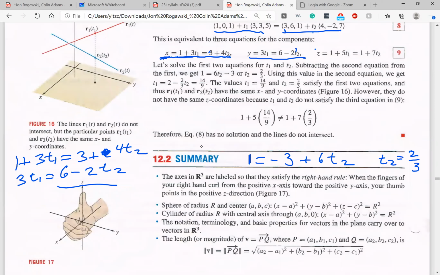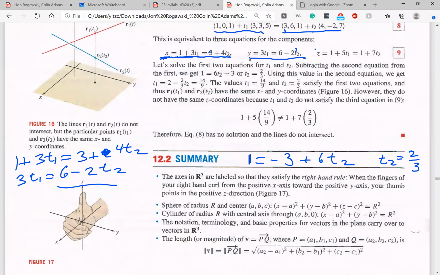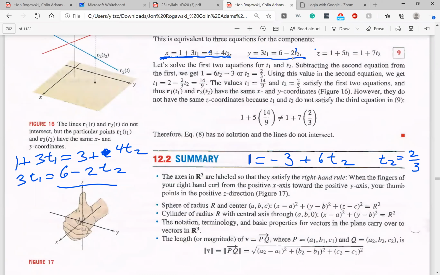Yo, how'd you get from the 1 plus 3t1 equals 3 plus 4t2 to the next line right below it? The 3t1 equals 6 minus 2t2. So here, I'm just taking the two equations. So this just comes from this equation. So the 3t1 is equal to 6 minus 2t2.